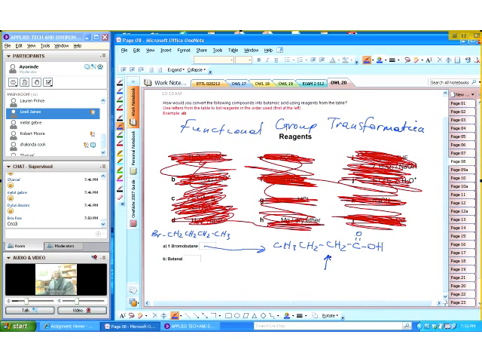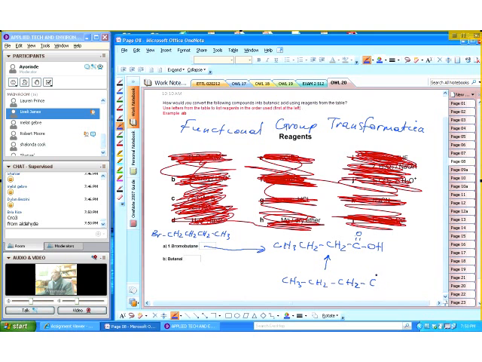Chromic anhydride. Excellent. Chromic anhydride with what? Well, we could do that. I will do butanol. So you want us to make it with this here.